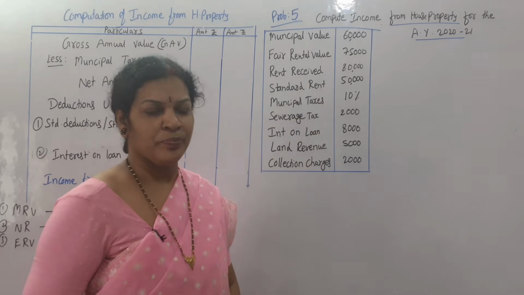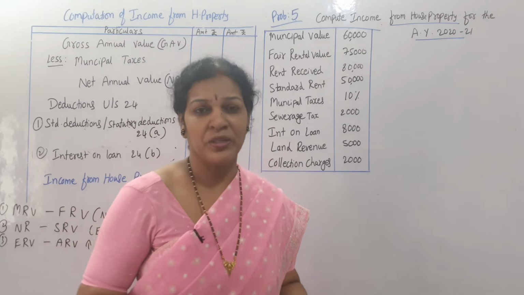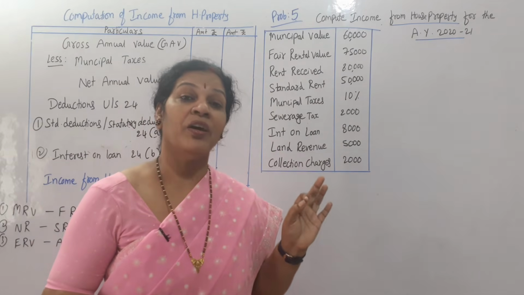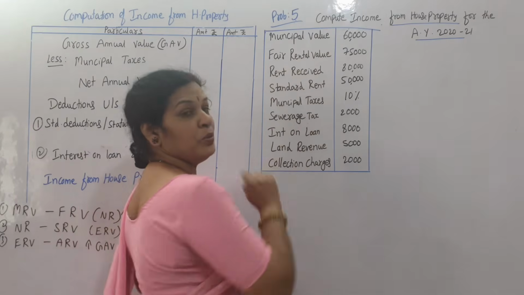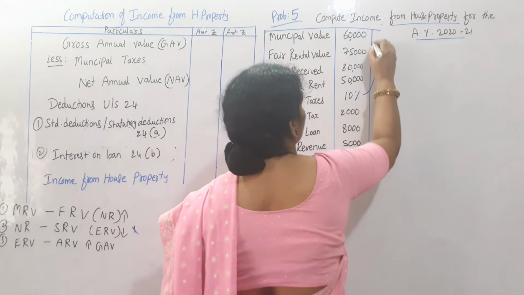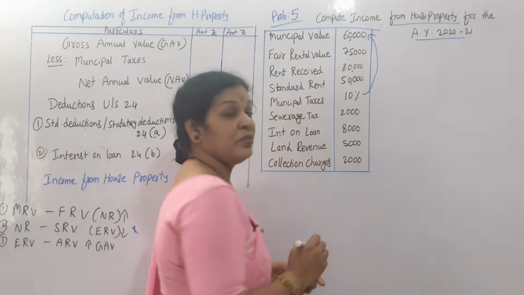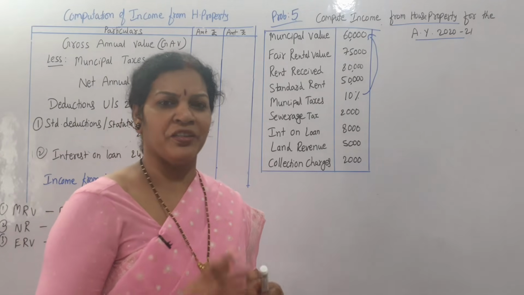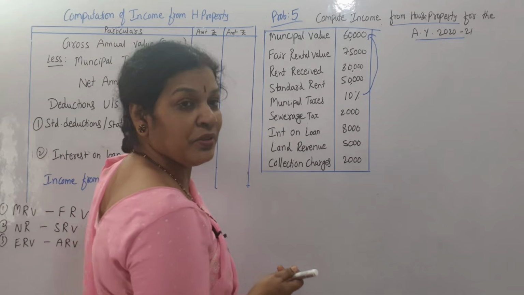Municipal taxes: generally we get the amount, but here they said 10% on municipal value. So 10% on 60,000 comes to 6,000. Municipal taxes we'll deduct from the GAV.